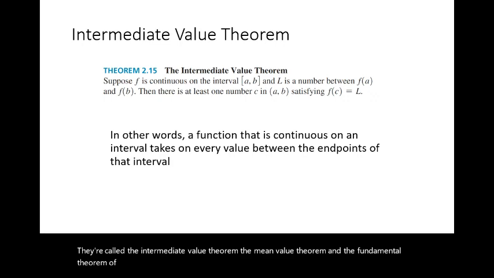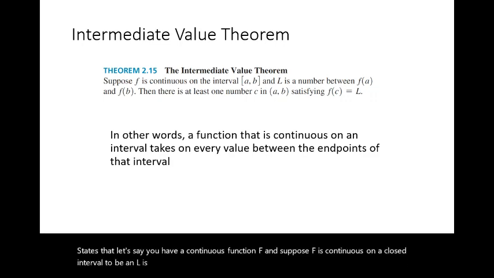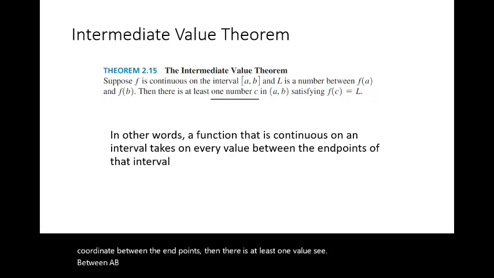We'll get to those other 2 in a little bit, but the intermediate value theorem states that, let's say you have a function f that is continuous on a closed interval a to b, and L is some value between f of a and f of b. So L is some y-coordinate between the endpoints. Then there is at least one value c between a and b where f of c is equal to L.